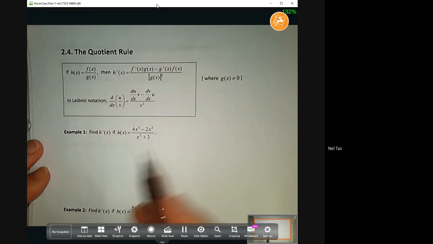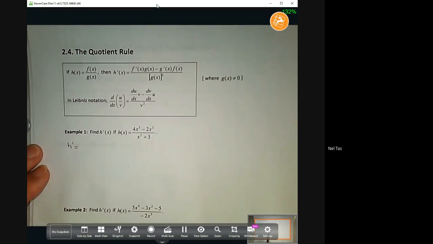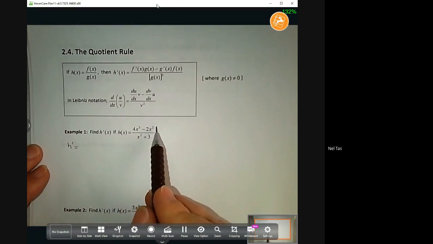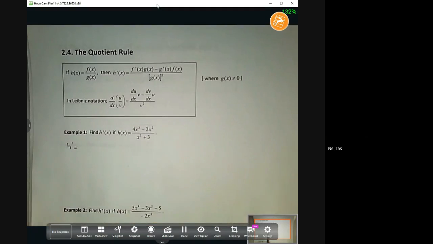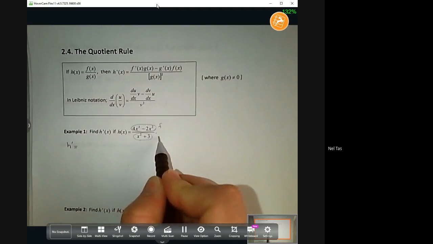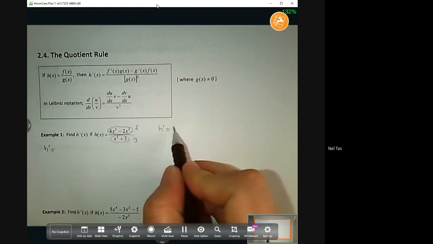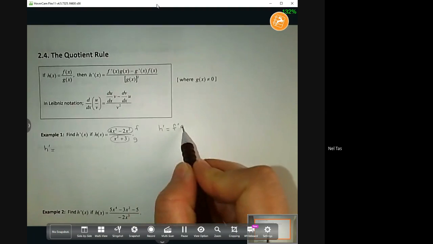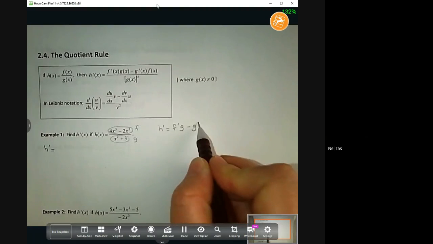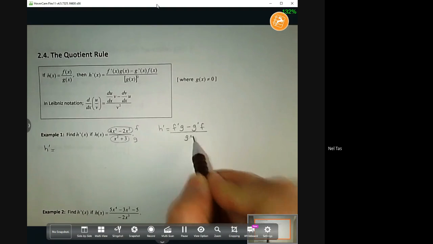All right. So let's take the derivative of h. Okay. So what do we do? So derivative of the numerator. So let's use different colors. So let's call this f and g. Then h prime would be f prime times g minus g prime times f over g squared.